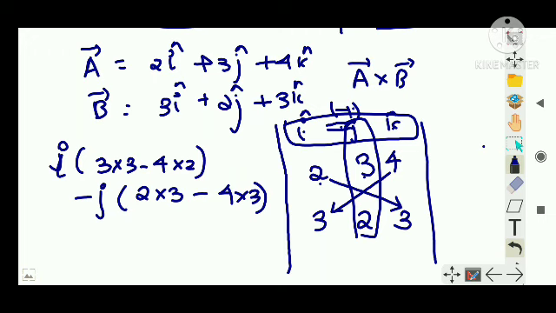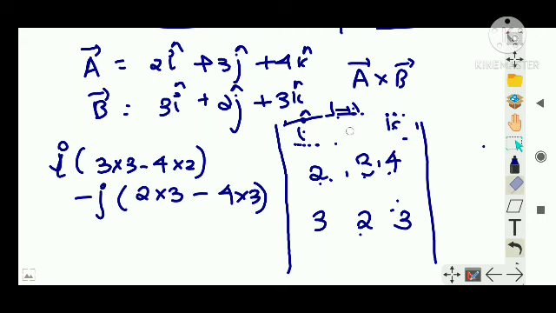Clear? Right? I'll write it again. So this is j, right? This is 3 now, right?